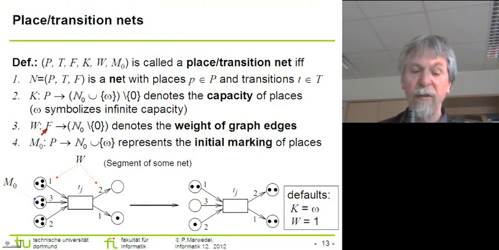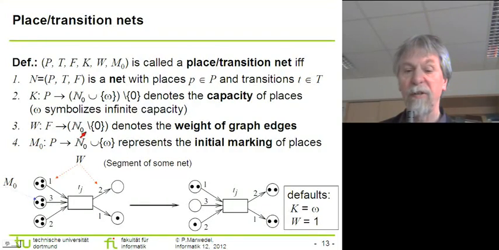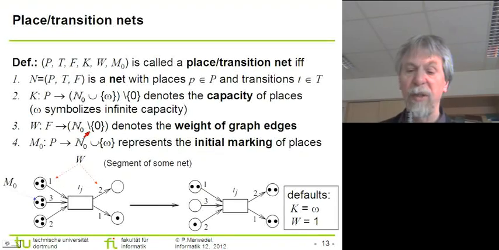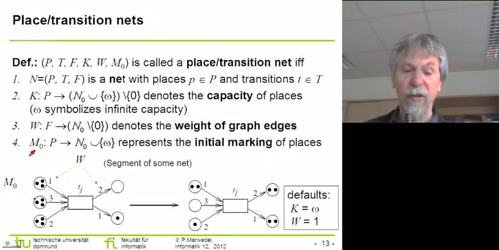The weight is a function from the different edges onto the numbers, and in this case we do again exclude the zero there because these numbers will tell us how many tokens we are consuming, how many tokens we are generating, and edges for which we are not consuming or generating tokens can be left out right away at the beginning. And the last element is the initial marking.